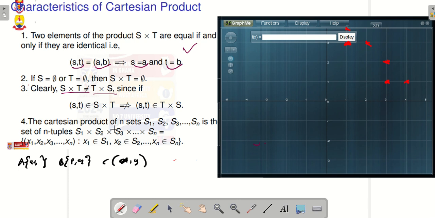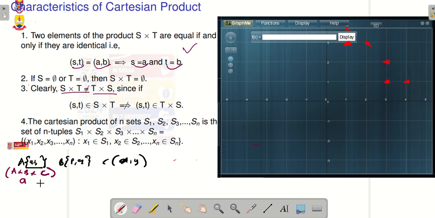In this case, we are supposed to pair each element with each. We have to find the ordered pairs. Remember that this is going to be your first value. Let's say we are finding A cross B cross C. This one is called the Cartesian product of 3 sets.